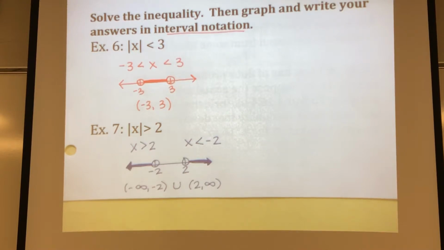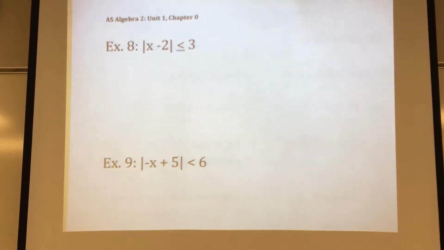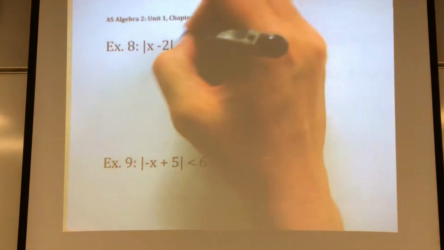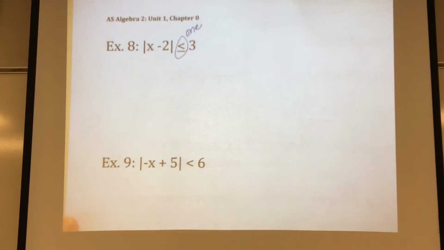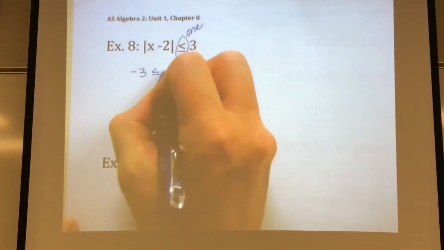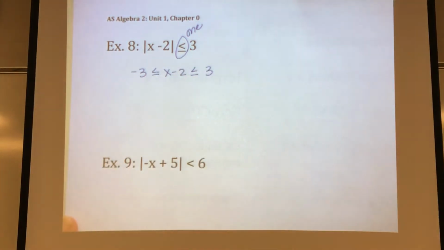All right, let's try it where we have to solve a little bit. So here we have x minus 2 is less than or equal to 3. Notice that it's less than, so less than telling us that we will have one inequality. So we're going to do the opposite of 3 is less than or equal to our expression, less than or equal to 3. Now we have to get x by itself.